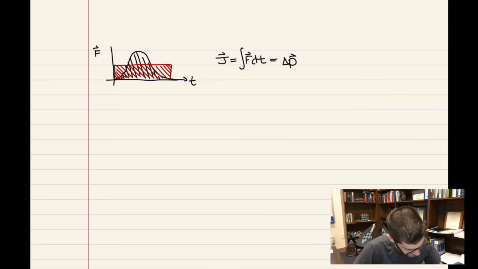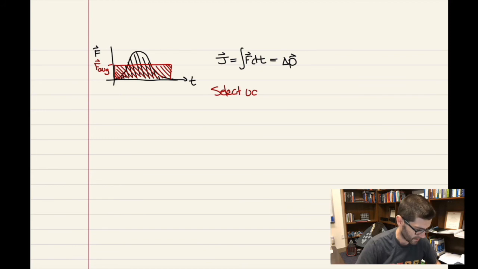And it has some value, I'll say F average, that is a constant during that entire time. Actually, that makes it a little bit unclear how we actually use this.